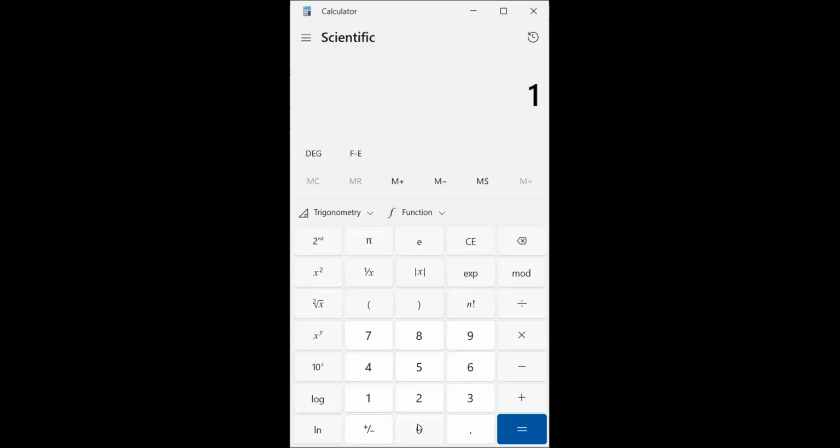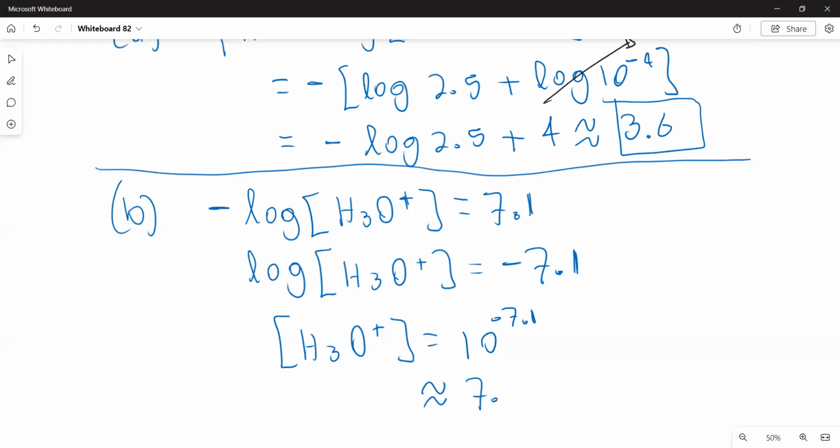Let's put this on a calculator. This is 10 raised to the opposite of 7.1. And in scientific notation, this is about 7.9 times 10 to the negative 8. So that's the hydronium ion concentration.